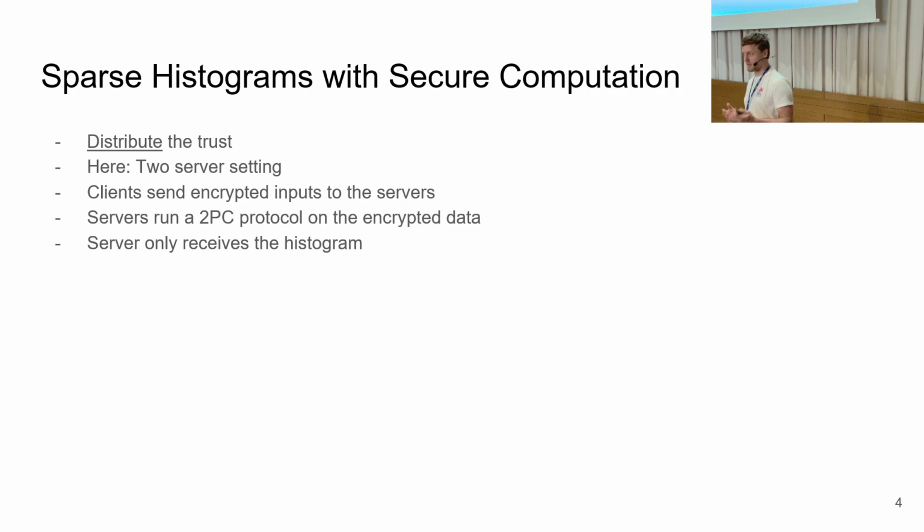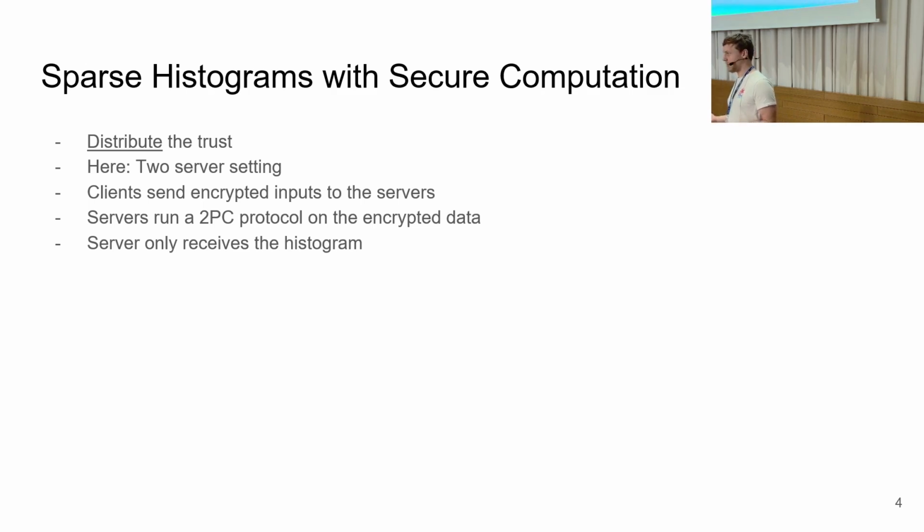In the setting we're considering here, we want to distribute the trust. We're working in a particular setting of MPC, which is the two-server setting. That means we don't distribute the trust across the clients. For the clients, we can assume any arbitrary number of malicious clients. But we want to have two computation parties of which we assume one of them is not malicious, so it's honest.